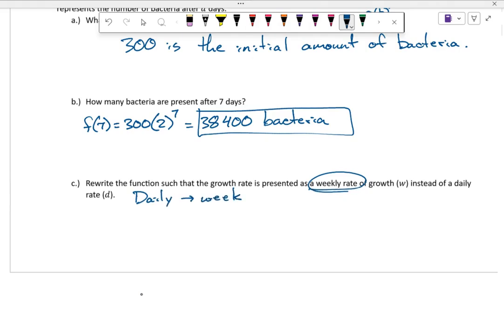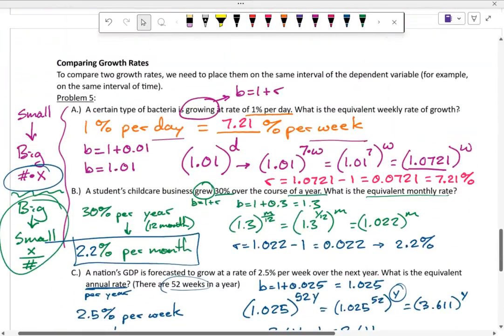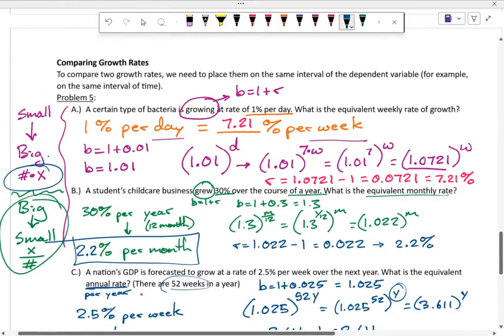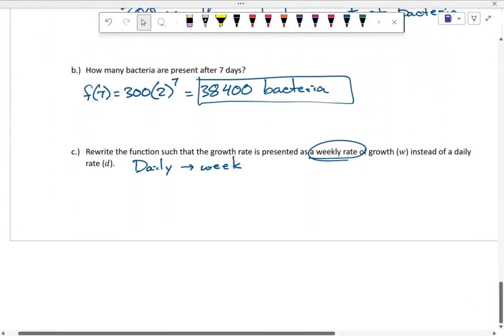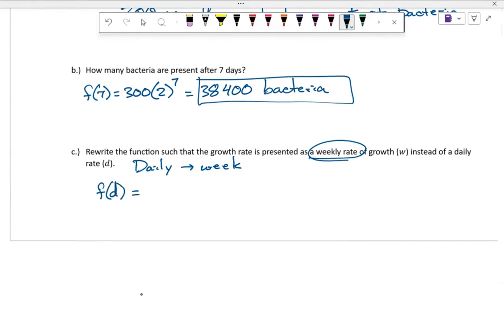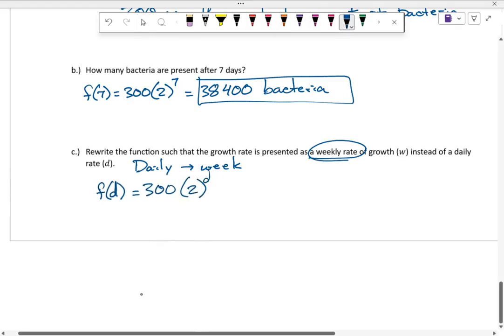That is going from small to large. Small to large, again, is the timesing. So we're going to take our f of d equal to 300 times 2 to the d.